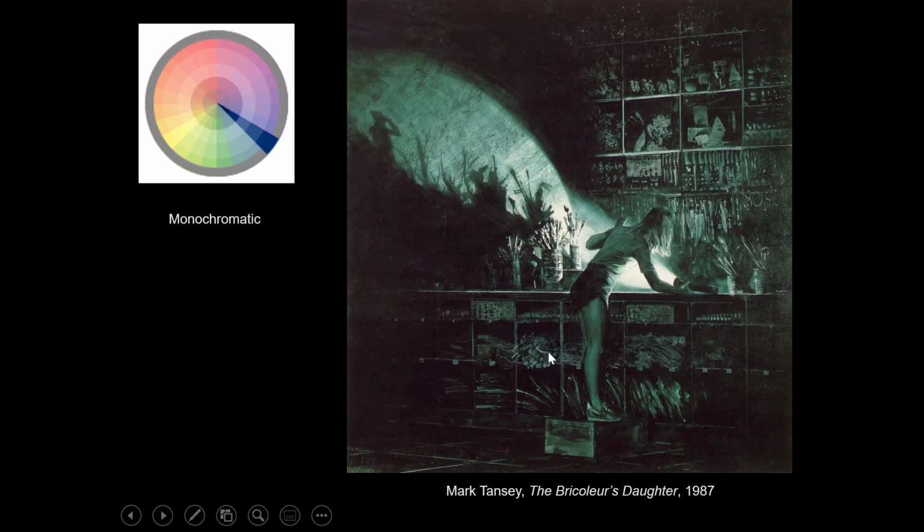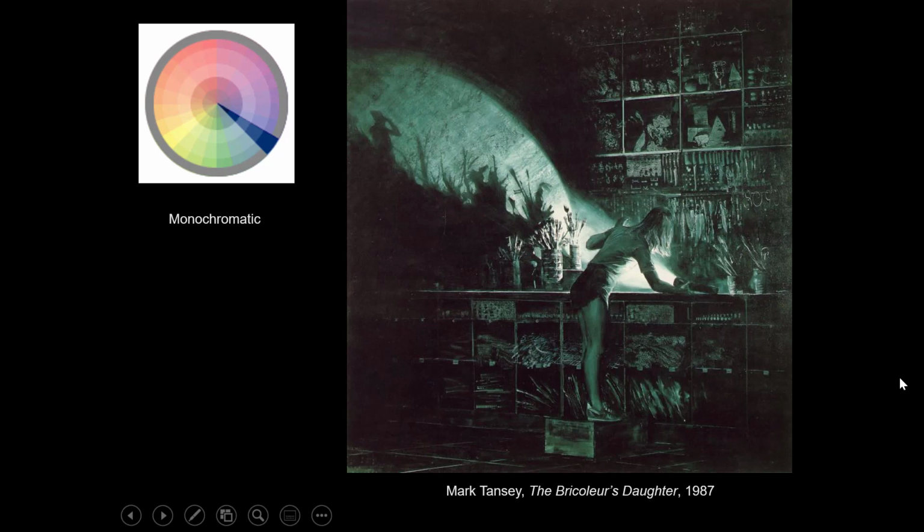And that's part of why, one, she doesn't look dead, and two, the warmer temperature makes that color come forward a little bit and makes it seem like it's closer to us. Similarly, we have more intensity in some of the colors that are closer to us and more saturated, and then things get grayed out a little bit in the background.